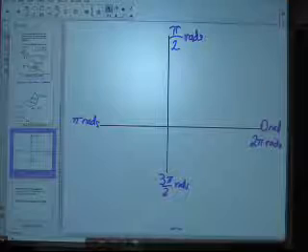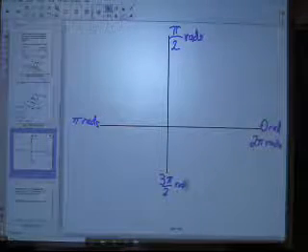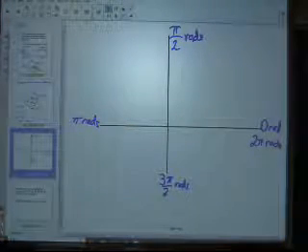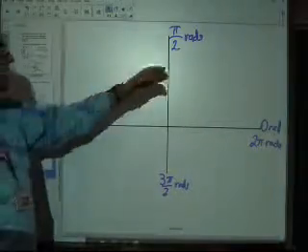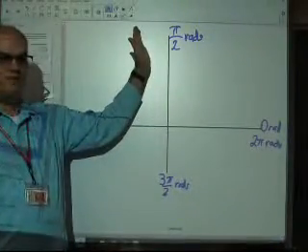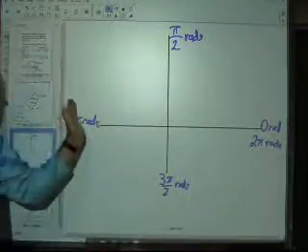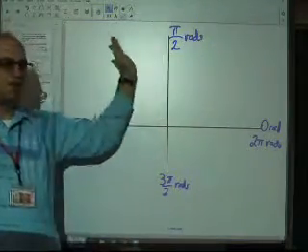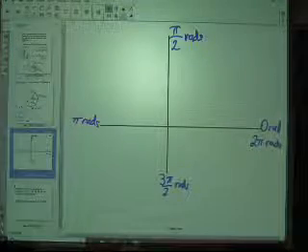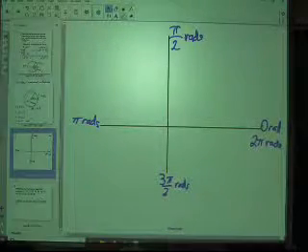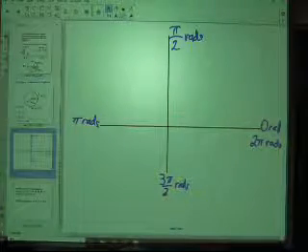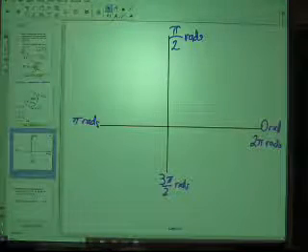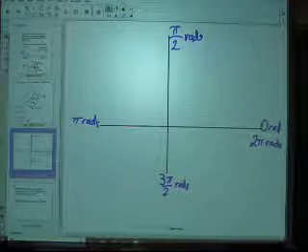Quadrant 2, right? 2 pi over 3 puts you right about here. 3 pi over 3 is here. 1 pi over 3 is about here. 2 pi over 3 is here. It's going to take a lot of work because we're going to have to deal with fractions. And I know how much you enjoy dealing with fractions.